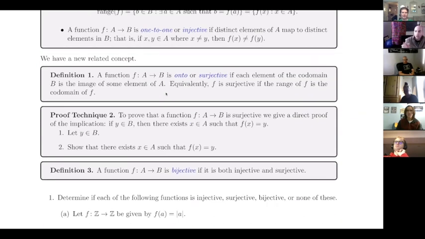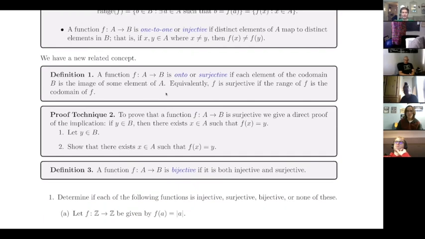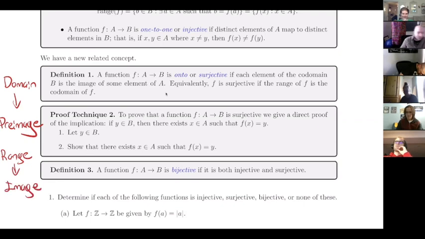So some terminology: things in the domain are sometimes called the pre-image, and things where they get mapped to in the range would be called the image. So we might use some of this language as well. So basically, if something is onto, what it's saying is the codomain is the image of something in the domain.